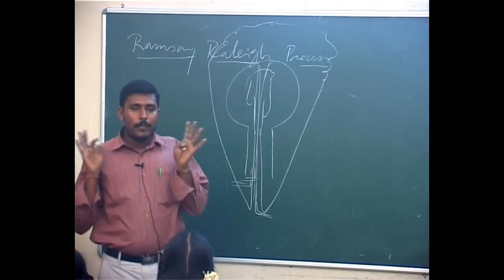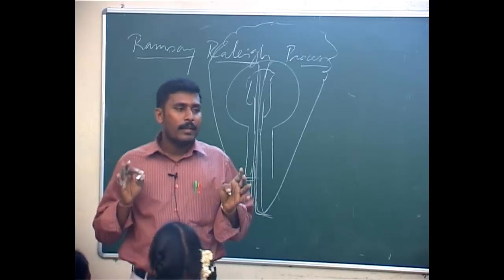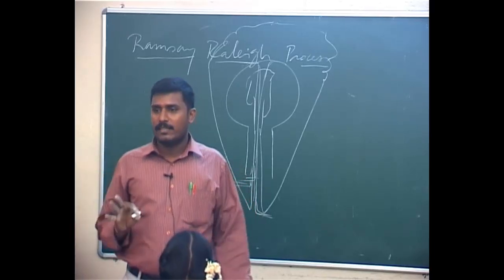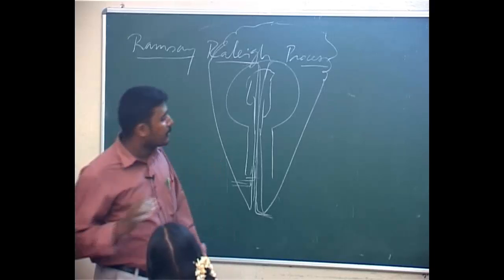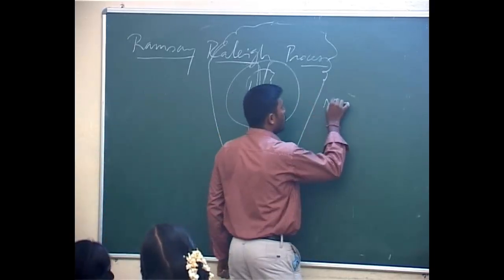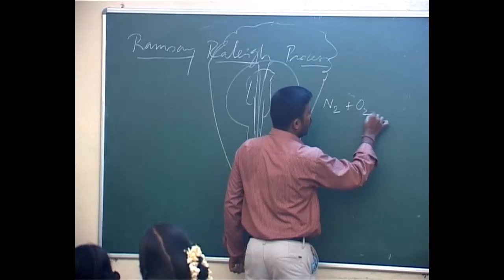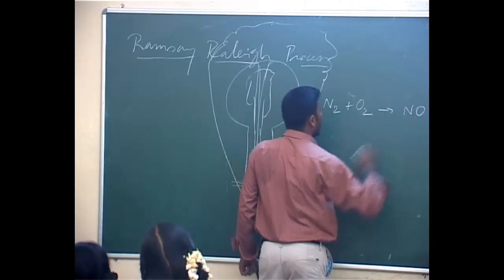The principle is that nitrogen is converted into its oxides. So initially nitrogen reacts with oxygen of the air to form nitric oxide.